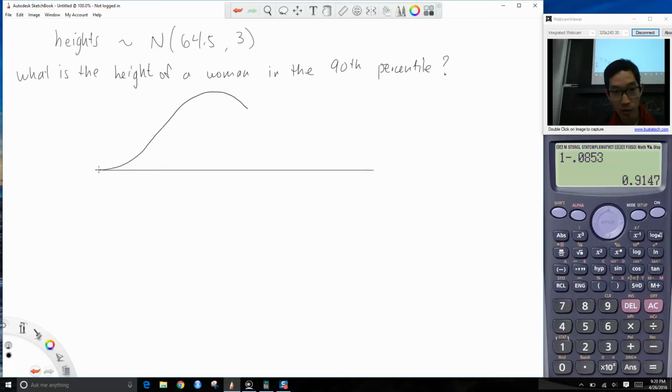All right, so let's draw our picture here. Okay, so here's our normal distribution. In the middle, I would put 64.5. And I'm going to draw a cutoff here, and I want the area over here to be 90%.